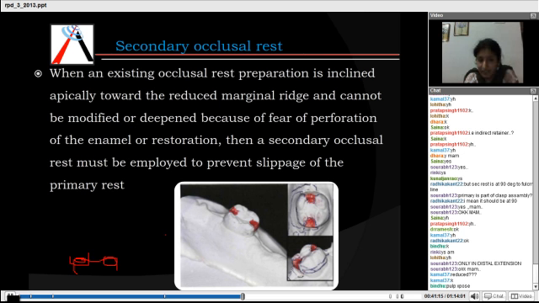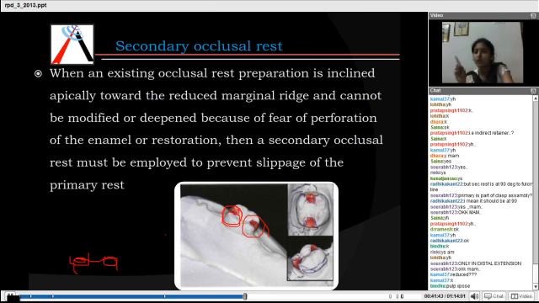So we will create a rest on the other side of the tooth also. It is just like we are not able to support the tooth with one finger, so we are applying pressure with the other finger also on the other side. Okay. So this is your secondary occlusal rest, which will help in doing the rest job. Getting me?